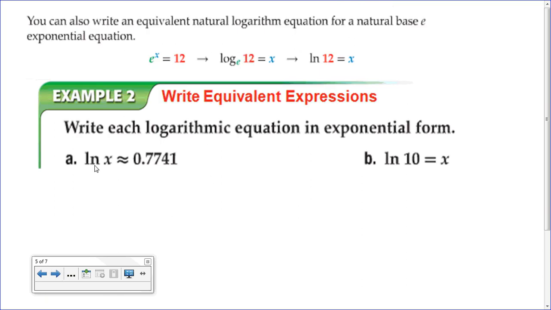This is a natural logarithm, so our base is e, and we just say e, this is a power, 0.7741 is equal to x. Over here, e to the x is equal to 10. That covers the first section in your worksheet today.